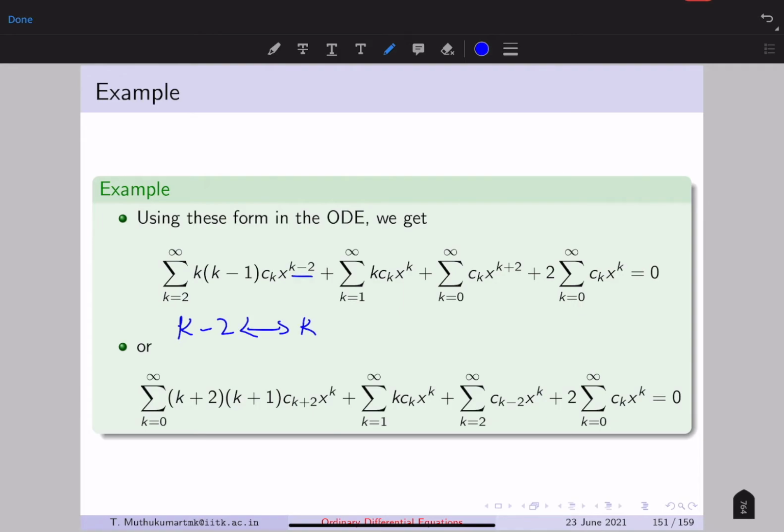So k minus 2 becomes the new k, and all this will change accordingly like this. This remains as it is because it's x power k. Here again we do the same thing: k minus 2 is the new k.